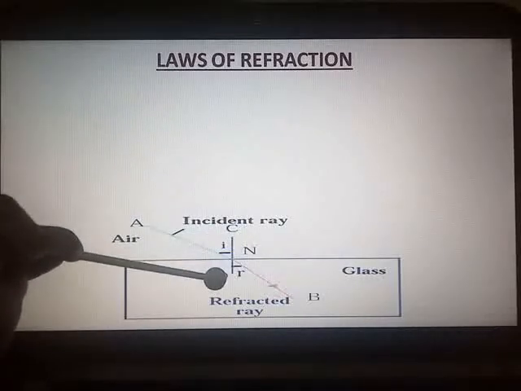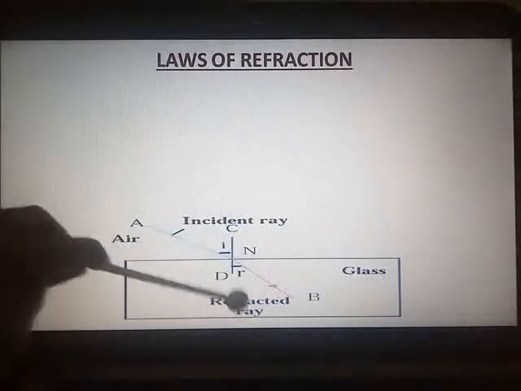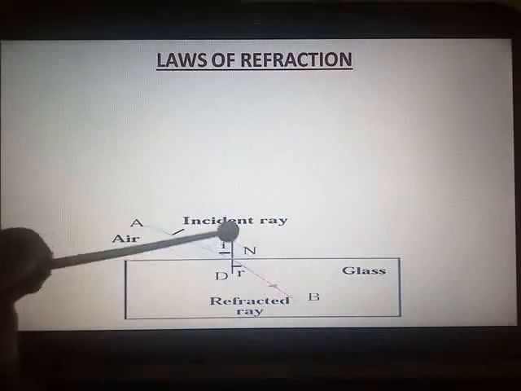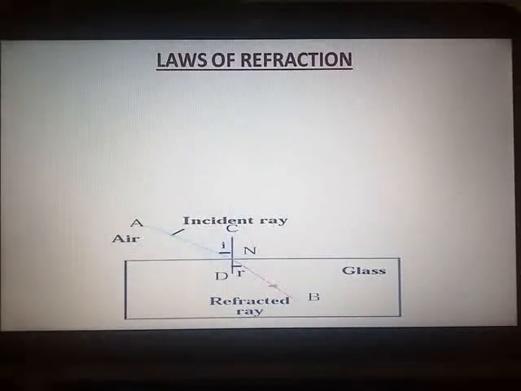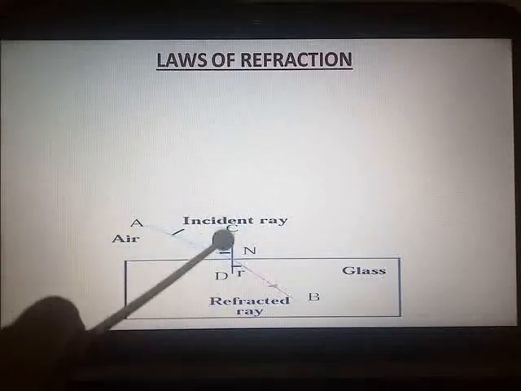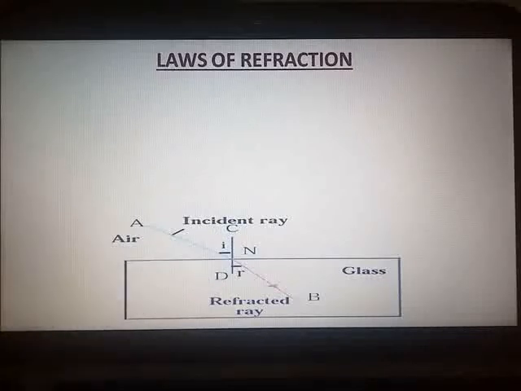This is your normal. So the incident ray and refracted ray are on the opposite sides of the normal at the point of incidence. This is the point of incidence, N, on the surface of the slab, and all three, that is the incident ray, the refracted ray and the normal, are in the same plane.